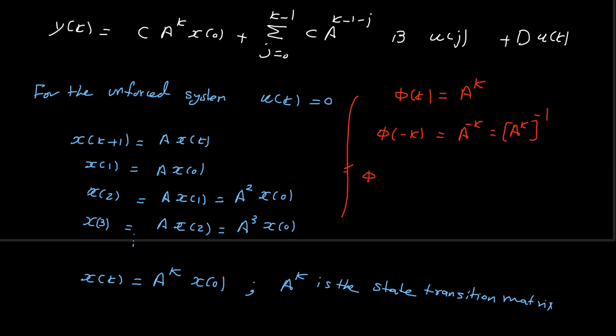And if we have phi of k1 plus k2, this can be written as A to the k1 times A to the k2, so this will equal phi of k1 multiplied by phi of k2, and phi of 0 is equal to the identity.